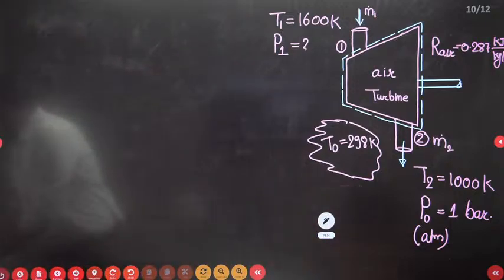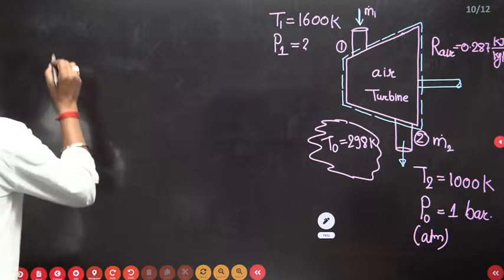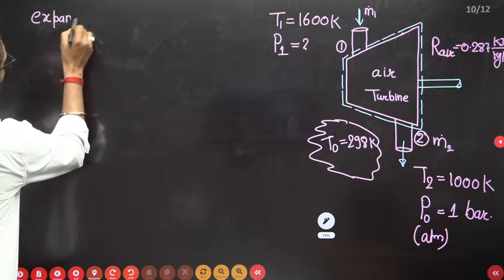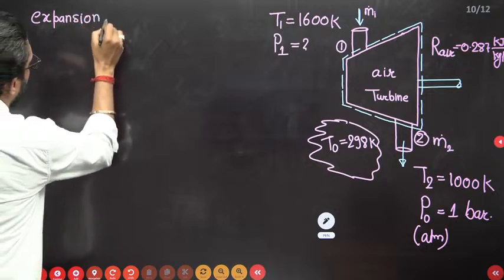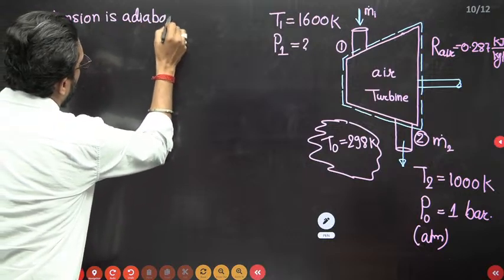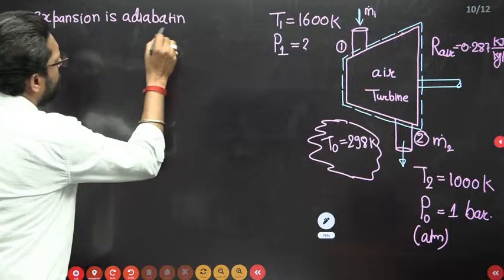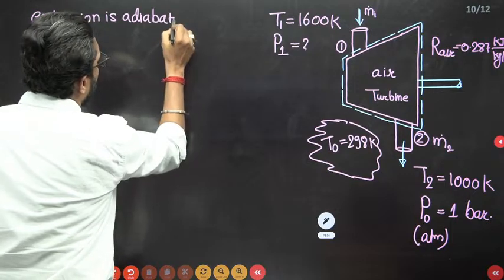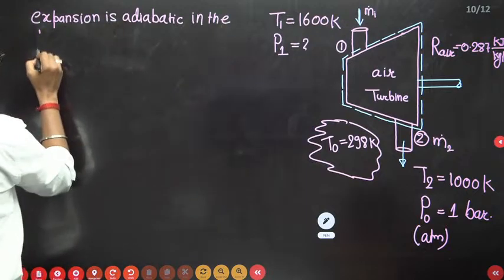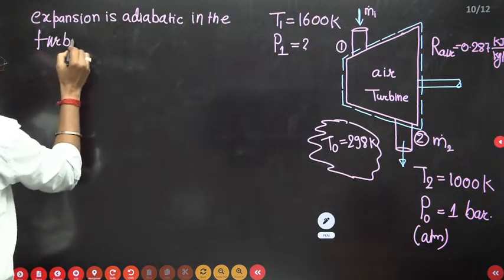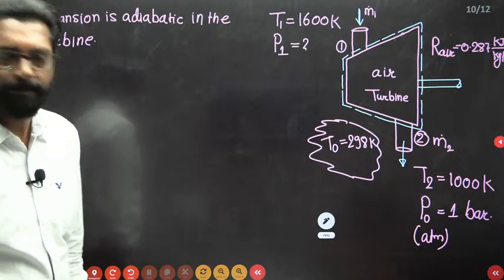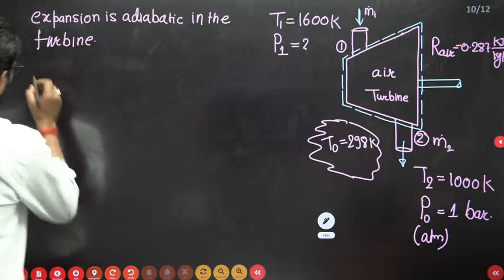So expansion is adiabatic in the turbine. Correct?